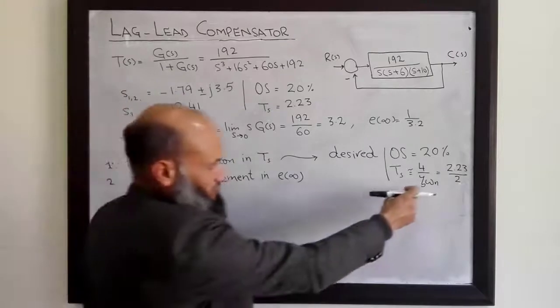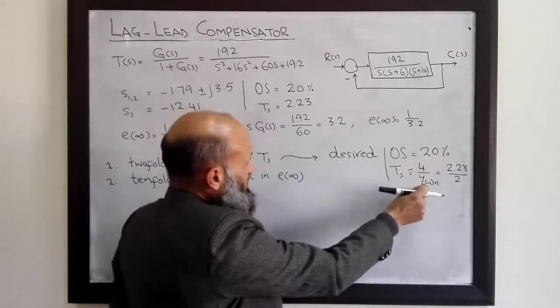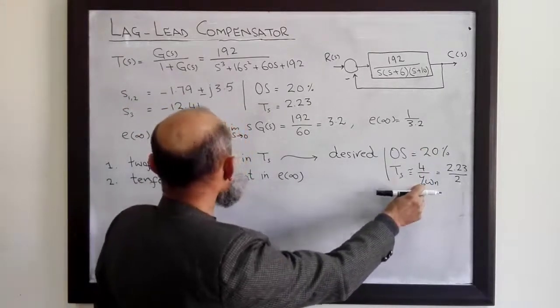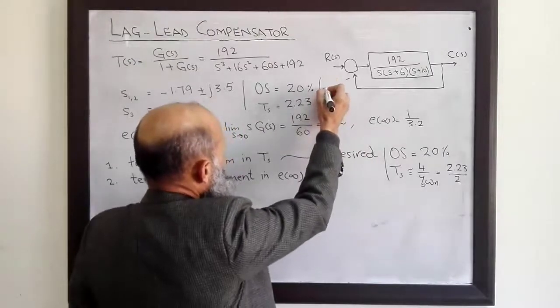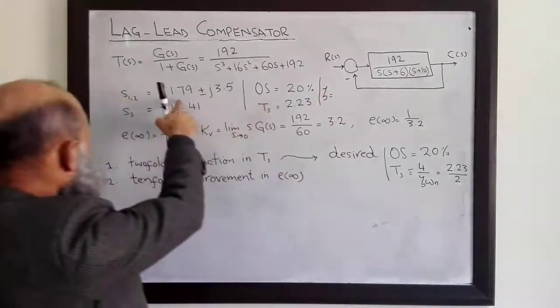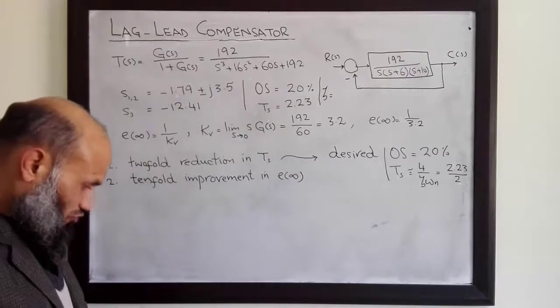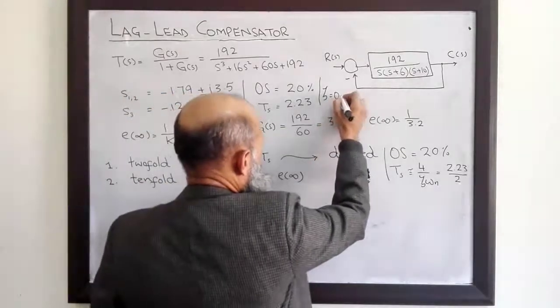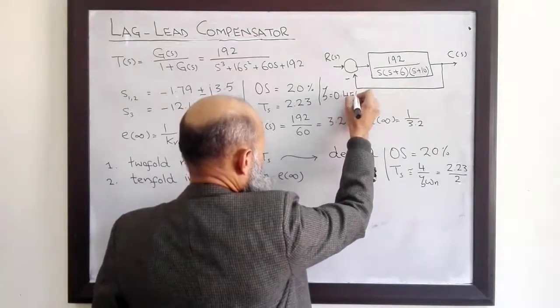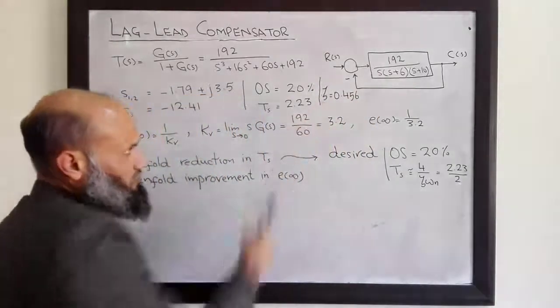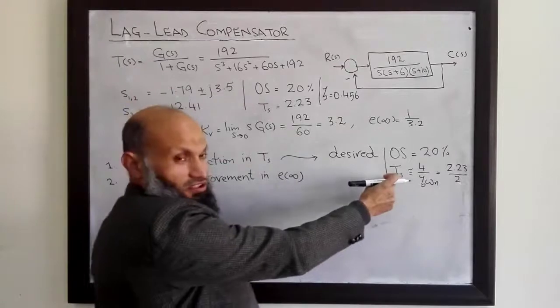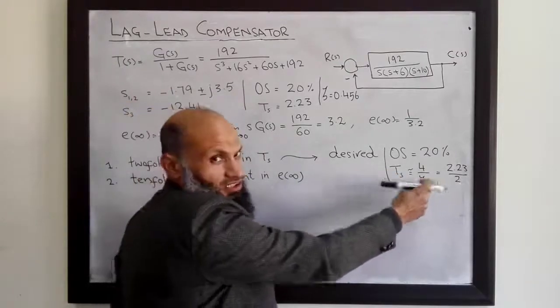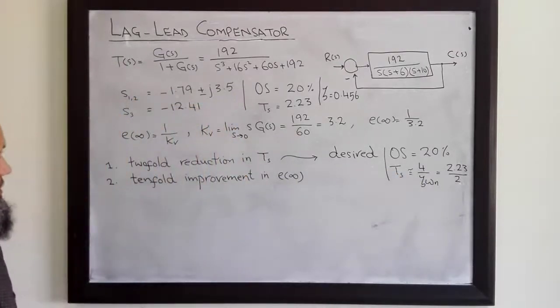If we do not want to change overshoot, then zeta must remain the same. Zeta for this system, which can be computed from these poles, is 0.456. And we do not want to change zeta, so to reduce the settling time, what we can change is omega n only.